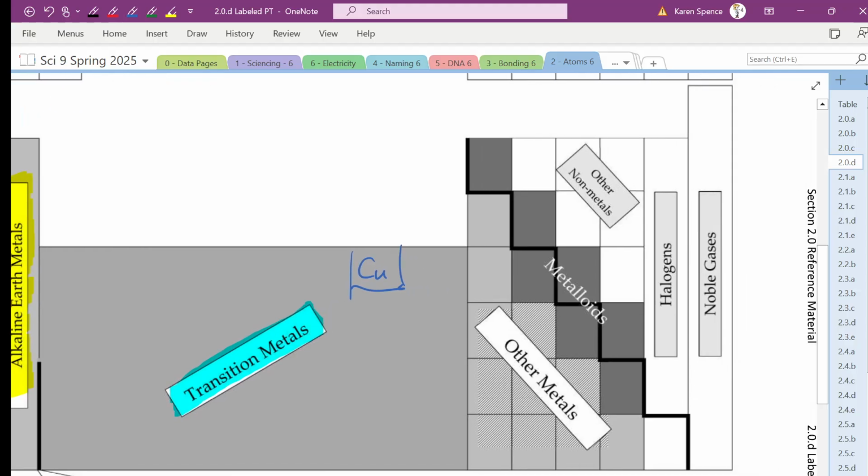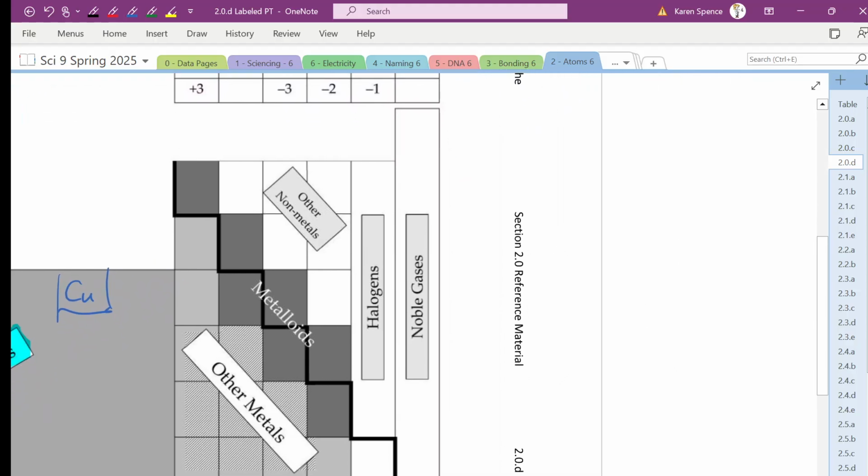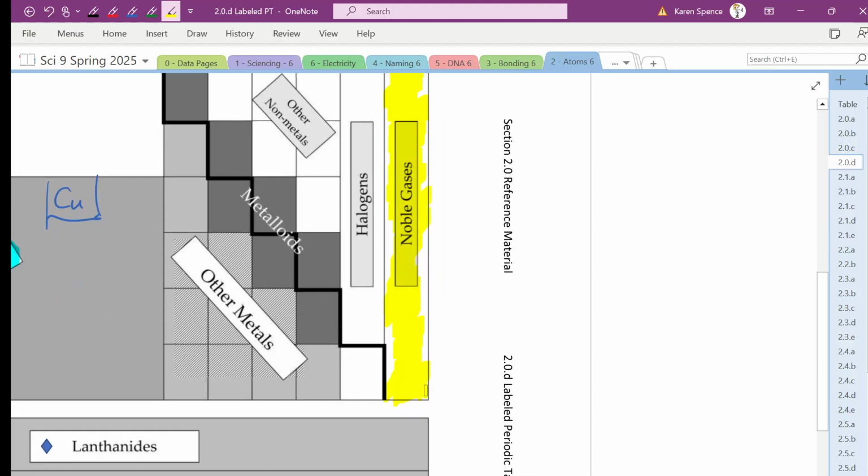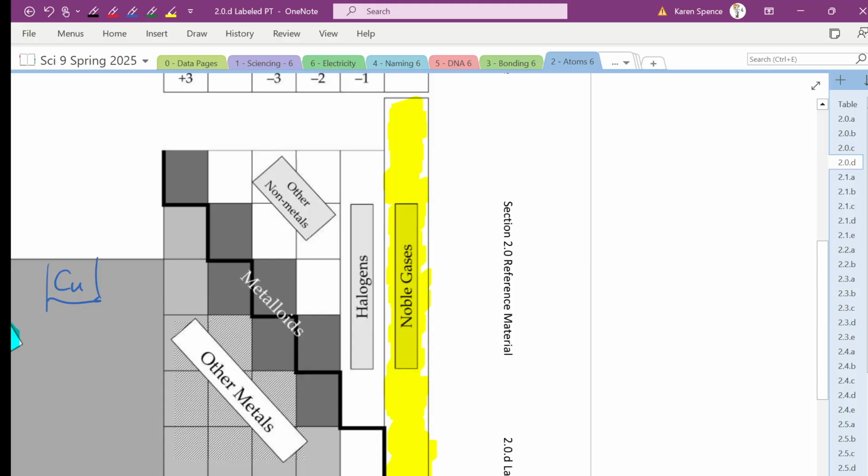Now, there are two other columns that have names. One of them is the very last column. What are those called? Noble gases. And feel free to turn your book sideways if you're having trouble reading it, because that's a little tricky.